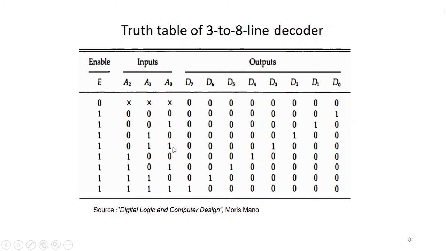When it is 0, 1, 1, D3 has a high value and all others are zeros. When it is 1, 0, 0, D4 has a high value; 1, 0, 1, D5; 1, 1, 0, D6; and 1, 1, 1, D7 has the high value.